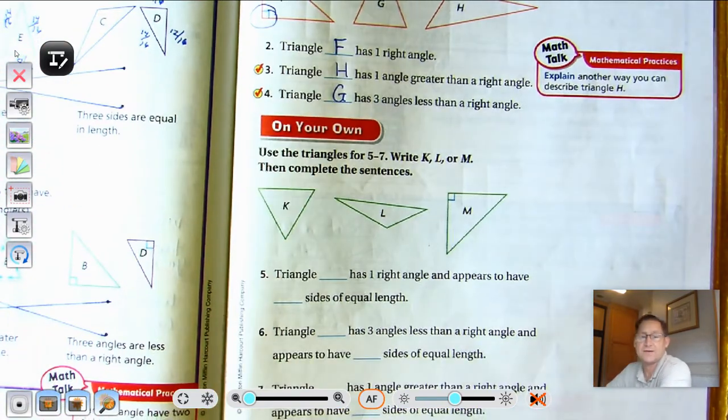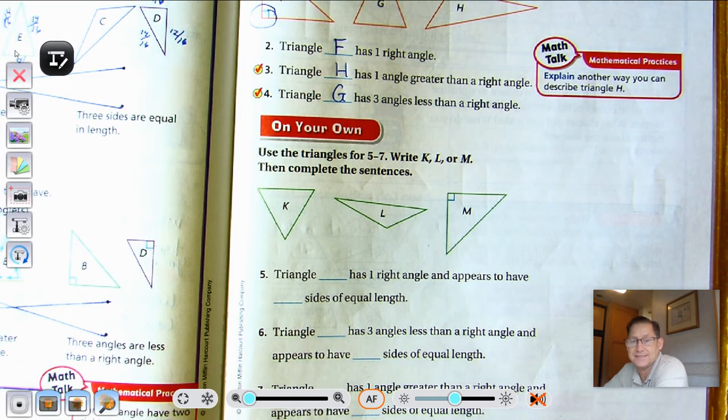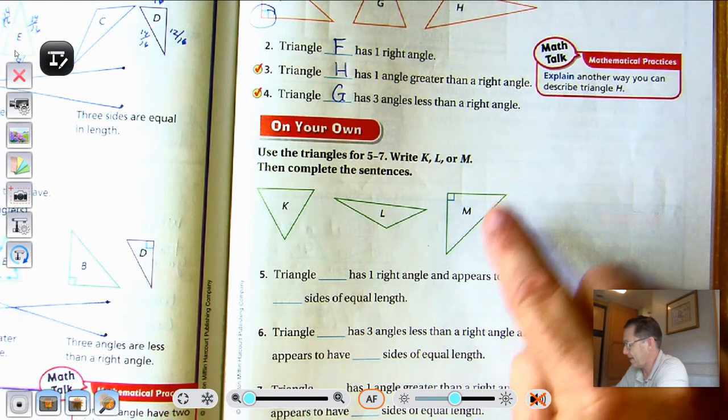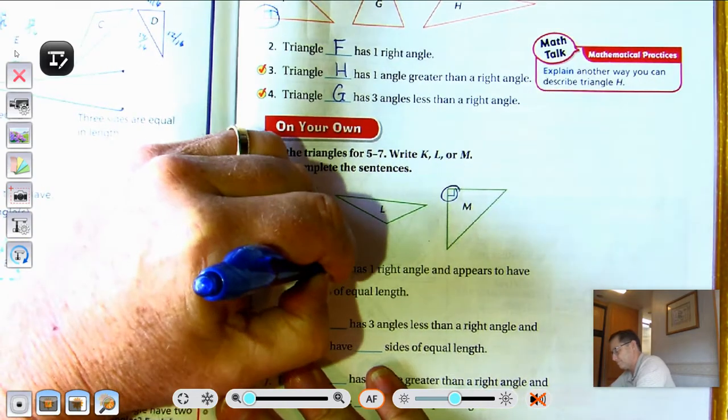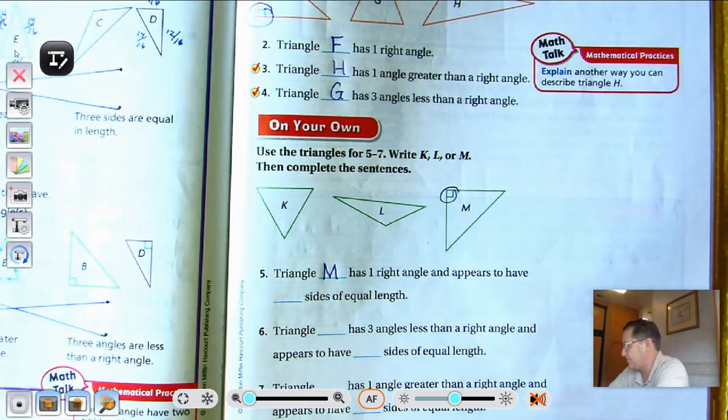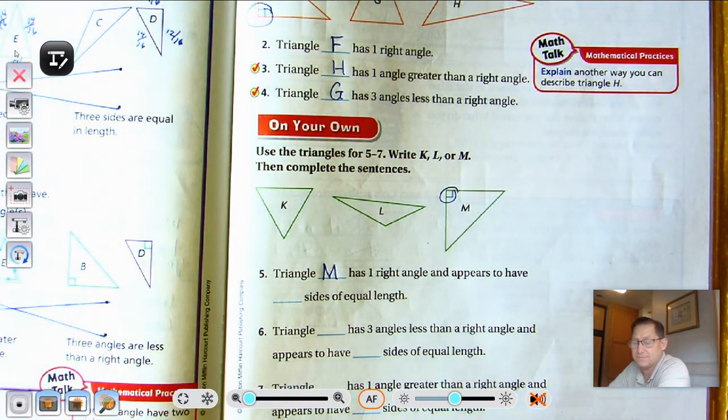All right, for triangles 5 through 7, write K, L, or M and complete the sentences. Triangle blank has 1 right angle and appears to have blank sides of equal length. Well, M has 1 right angle. How many sides does it appear to have of equal length?